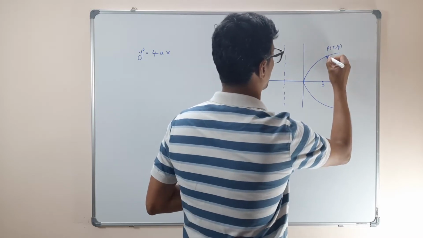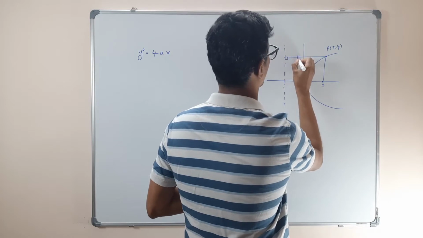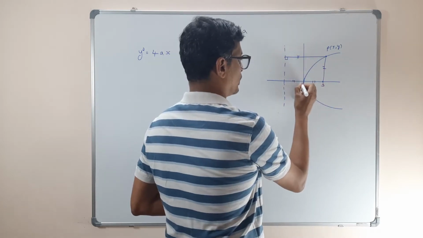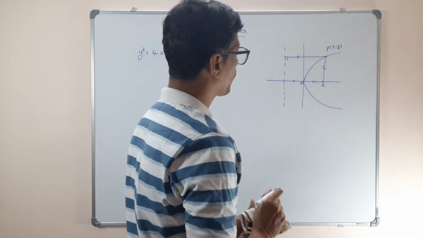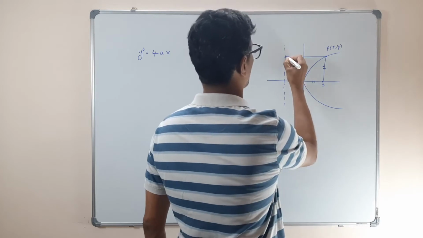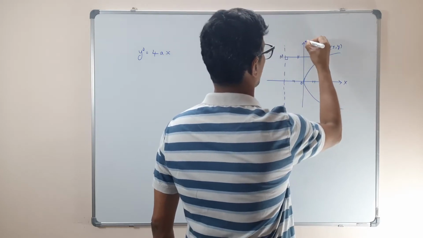So what you know is this distance is equal to this distance. Correct? This is also the midpoint, and this is O. That is M, the point on the directrix. So this is our x-axis, this is our y-axis.